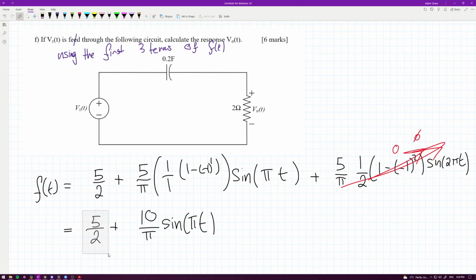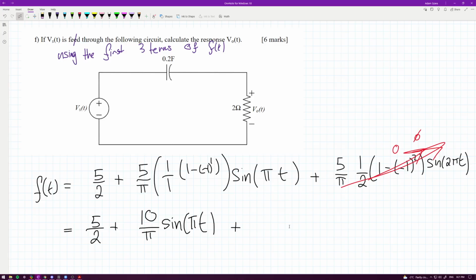You would use this first as your DC source and calculate VO from there, then forget about that and use this, and now it's going to be an AC analysis, and we calculate VO again. If you had another term, you would do it again, and this time it would have a different frequency, which is important, a different frequency every time. Frequency pi, the next one would be frequency 3 pi, and then 5 pi, because we can only do the odd ones.